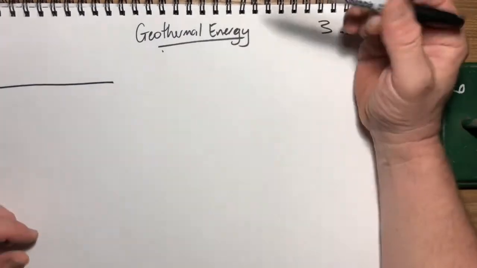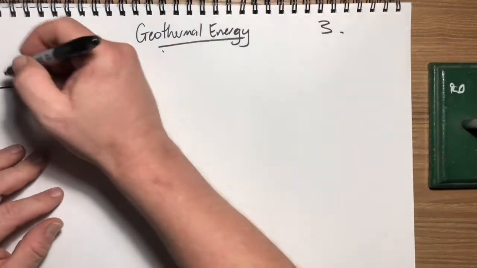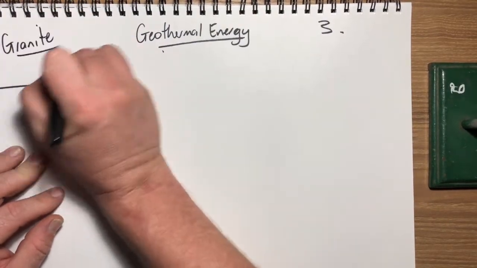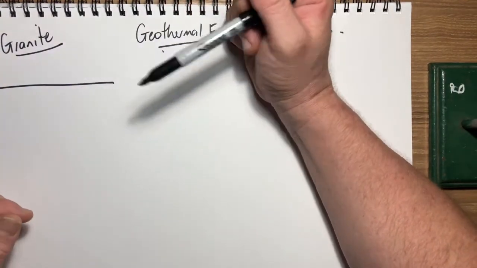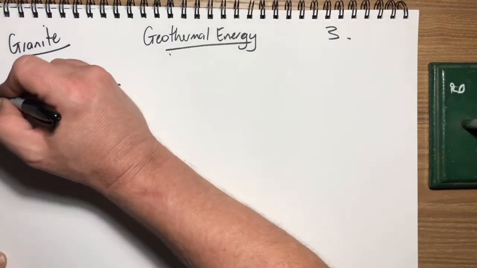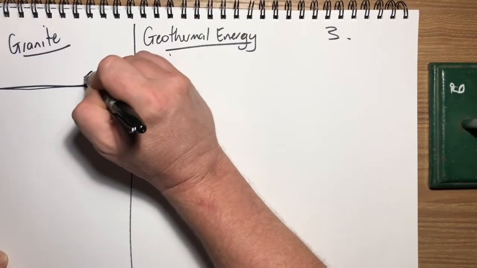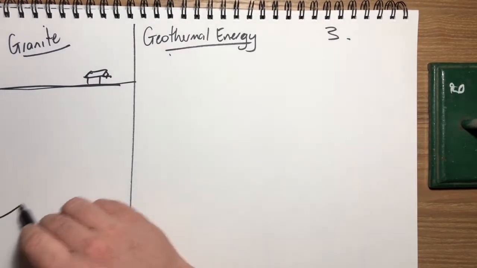Okay, so we've now talked about granite being a rock that has a potential to heat up and be used as a geothermal energy source. So let's say, for example, here is a little section of the earth, and here's the house on the surface. And here is our granite down here.